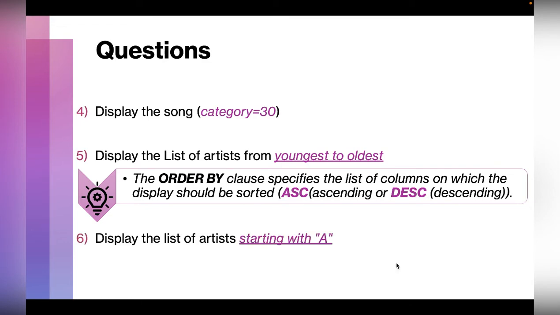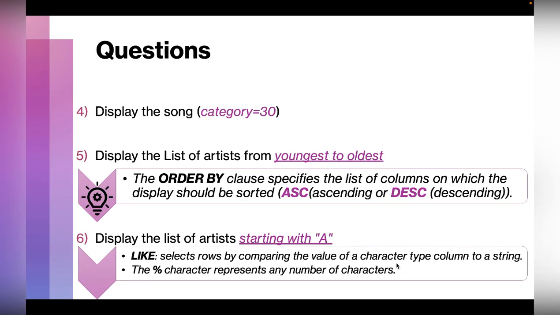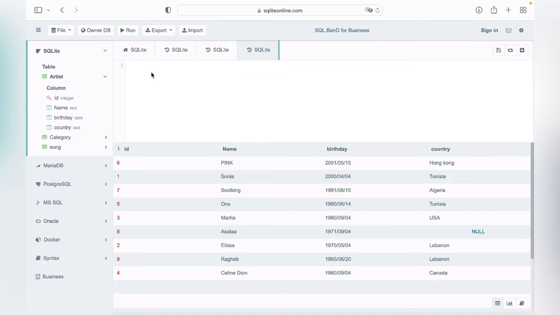The last question is to display the list of artists starting with A. Here I will use a new clause also. It's like. I will use like to select rows by comparing the value of a character type column to a string. And I will use the percent character, which represents any number of characters. I will display the list of artists.